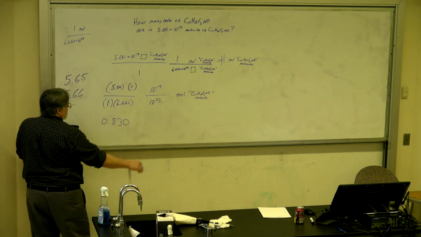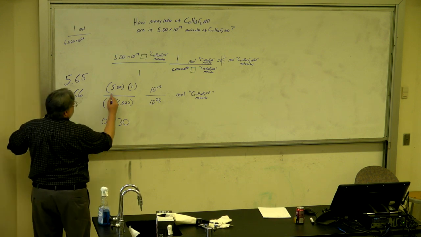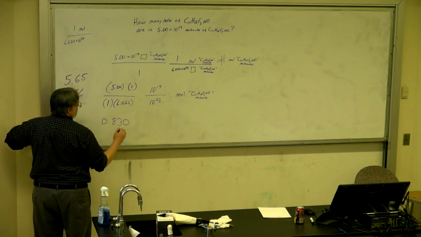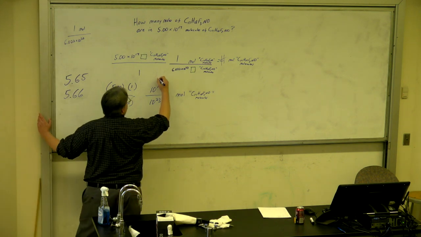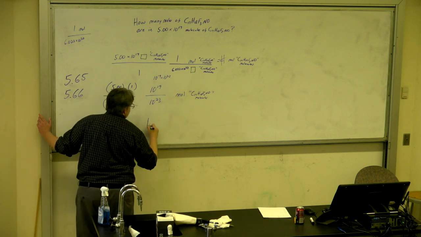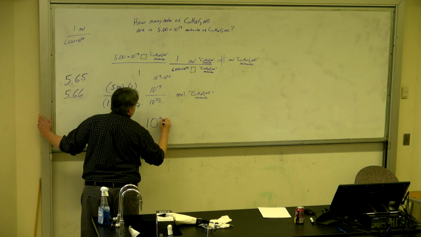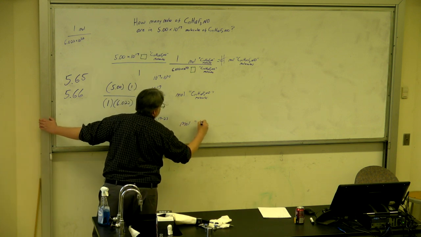I have more digits on my calculator, but that's rounded correctly. 3 significant figures, 4 significant figures. I want to have 3. 10 to the 19 times 10 to the 23. We need 10 to the 19 minus 23 moles.